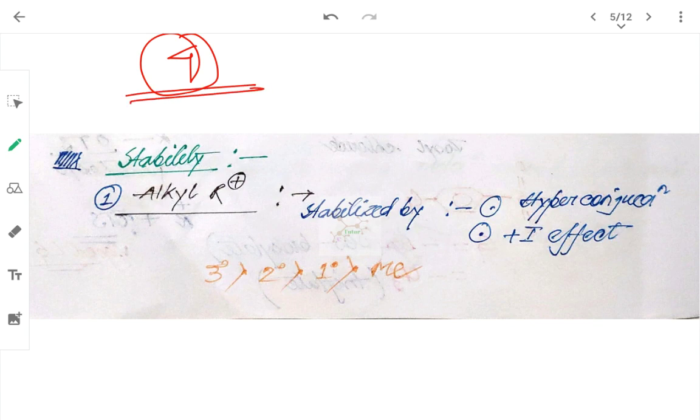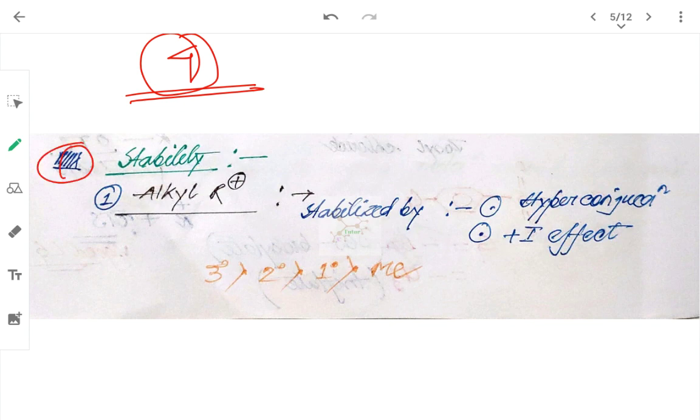The stability of a carbocation is achieved mainly by four factors. What are they? They are hyperconjugation, inductive effect, resonance effect, and hybridization.